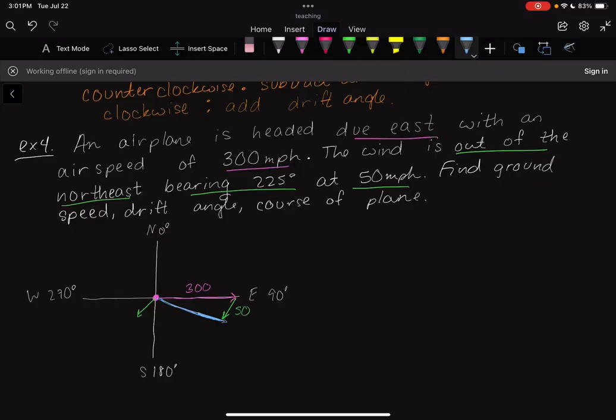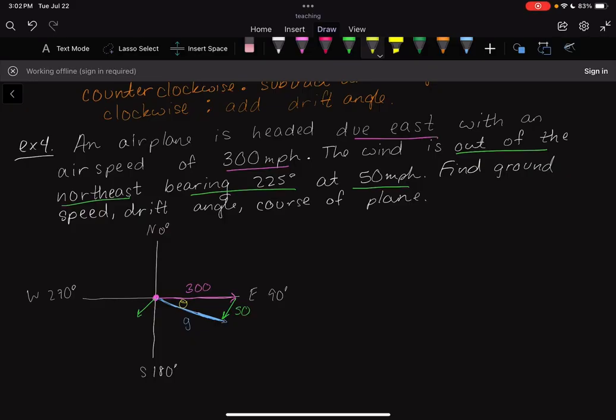There we go. We're going to have to find the size of this, so that's going to be G. Our drift angle is always between where the plane was trying to go and where it actually went, always across from the wind. So I'm going to put that here, which is theta.